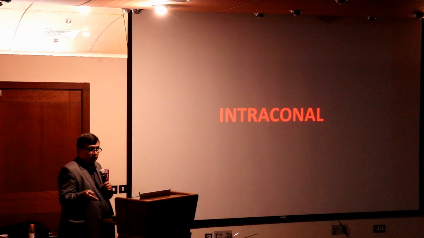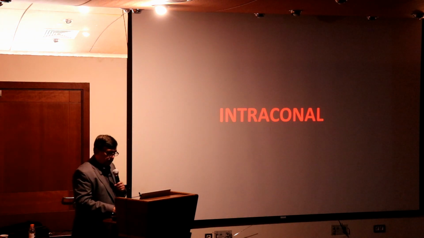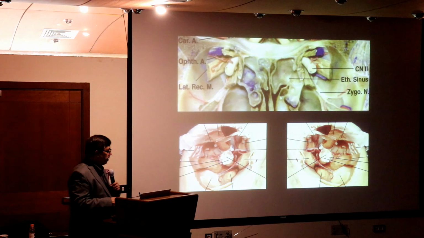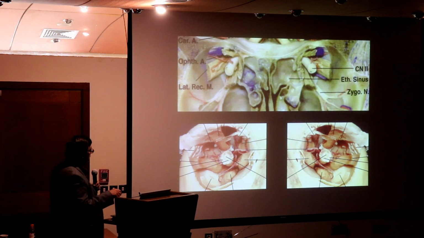So what is intraconal? What is the terminology? If you look at the skull again, this is the right orbit, this is the left orbit. The medial wall of the orbit is straight, the lateral wall is going outside, so you get the picture of a cone. And from here, the annulus of Zinn, we have the muscles. So anything inside the muscles is called intraconal.